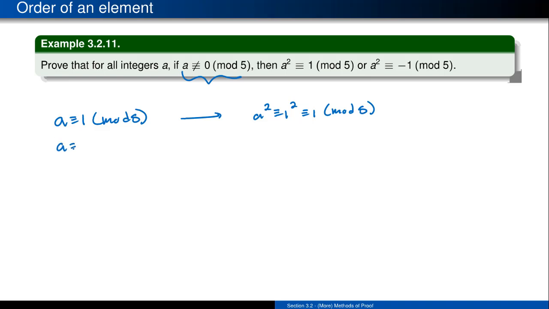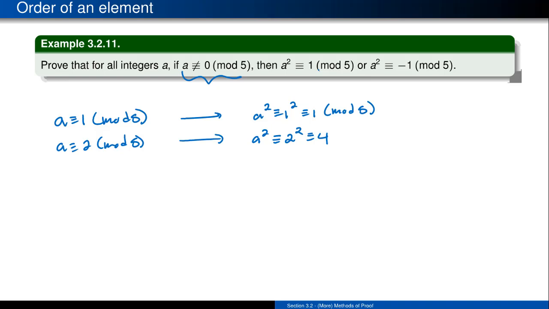If I take a to be 2 in the mod 5 setting, and I square this thing, it changes just a little bit. I get 2 squared, which initially kicks out a 4. And you might say, well, you didn't say anything about a 4, I see a 1 and a negative 1. Well, negative 1 and positive 4 are actually congruent to each other in this mod 5 setting.